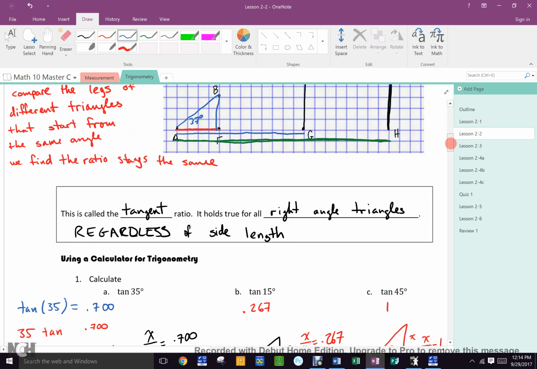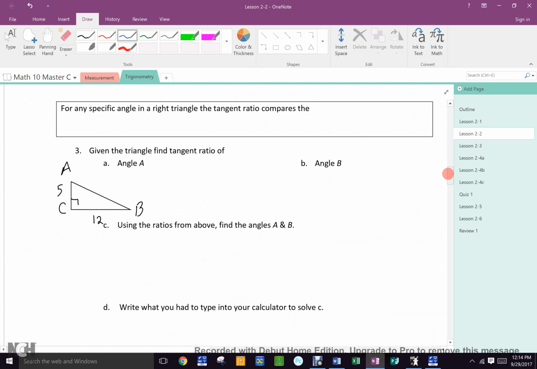Okay. Now, we're going to come to our first actual trigonometric concept. Everything else we've done has been background. This is the actual thing right here. For any specific angle in a right triangle, please write here, under specific angle, write not the right angle. This doesn't work for the right angle.